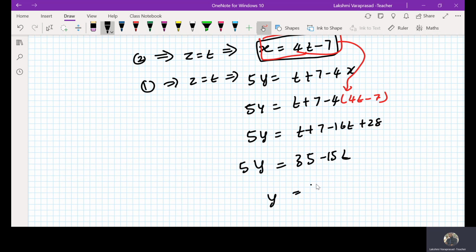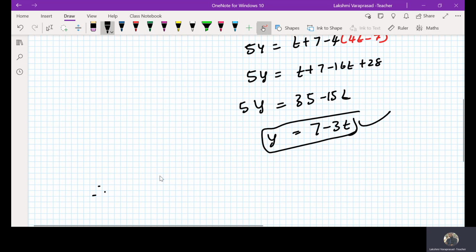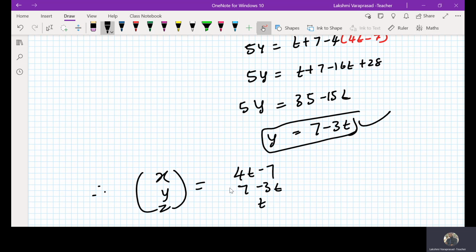Therefore, y is equal to 7 minus 3t. Now I have the parametric equations: x is equal to 4t minus 7, y is equal to 7 minus 3t, and z is equal to t.